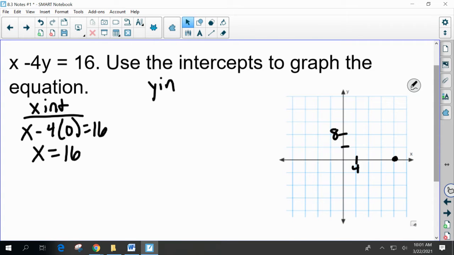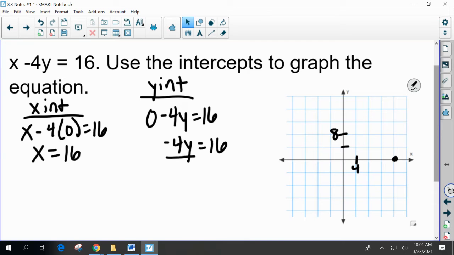For my y-intercept, 0 minus 4y equals 16. So that would be negative 4y equals 16. Divide by negative 4, y equals negative 4. So I'm going to put a point right here, negative 4. Draw my line through and connect them.